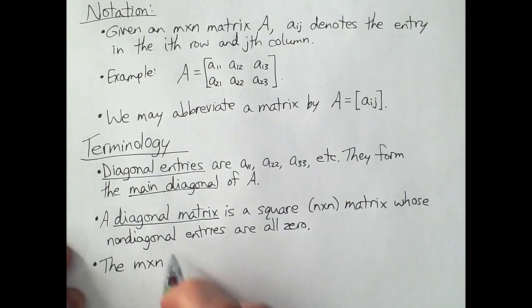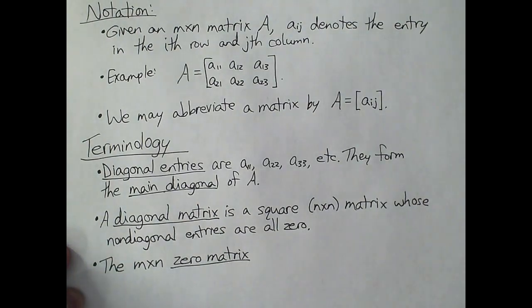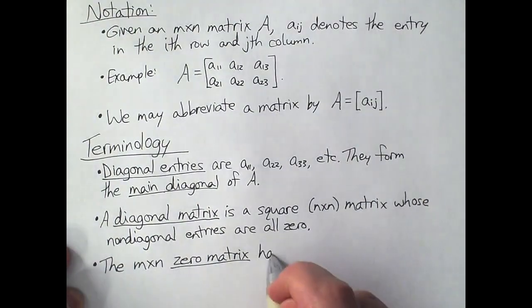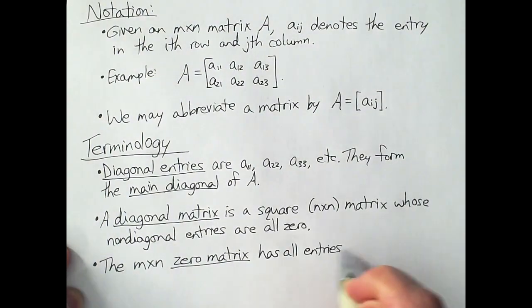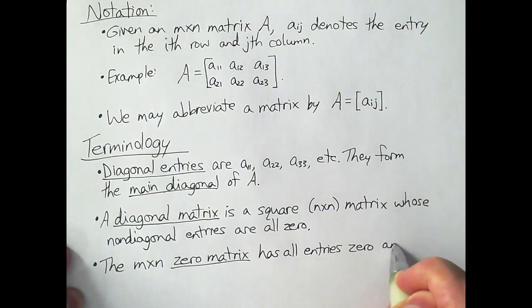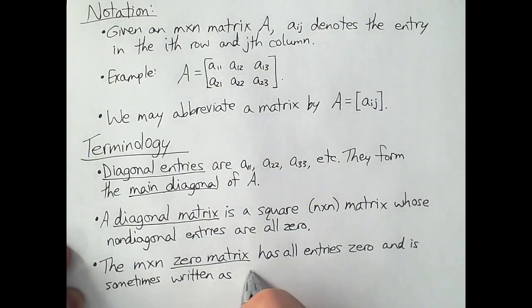And the m by n 0 matrix. You know, we talked about the 0 vector. Well, the m by n 0 matrix has all entries 0 and is sometimes written as 0. It's funny, it's sometimes written as 0. This is not to be confused with the 0 vector.